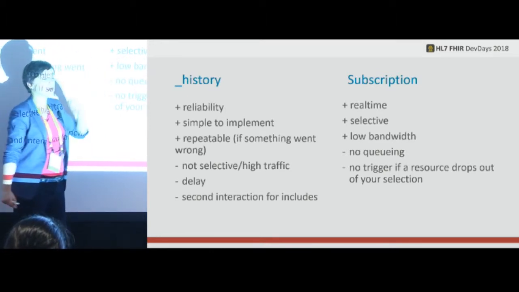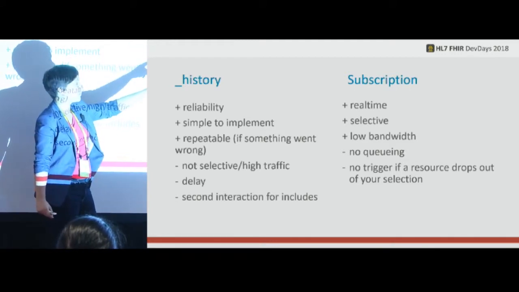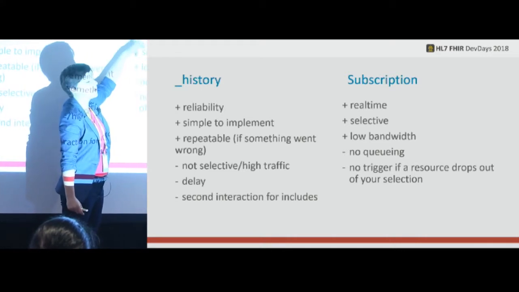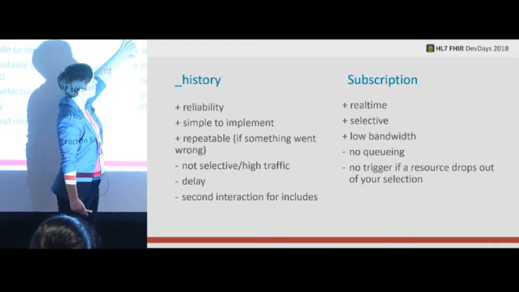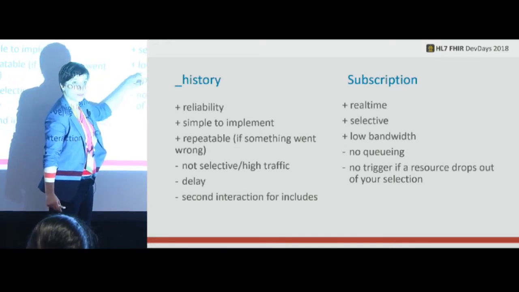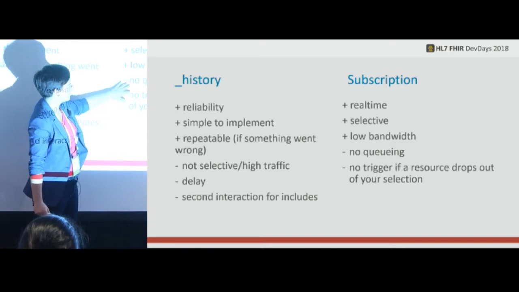If you're only interested in a very small percentage of all the observations on this FHIR server, you can give an exact criteria, and you will never miss it whenever something matches. So it's a much lower bandwidth, because we only get the stuff that we're interested in.